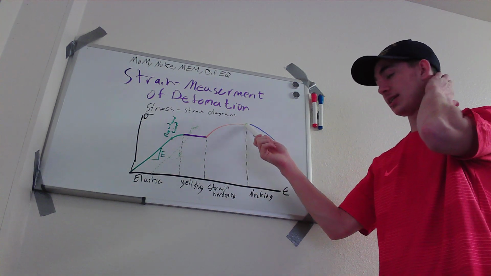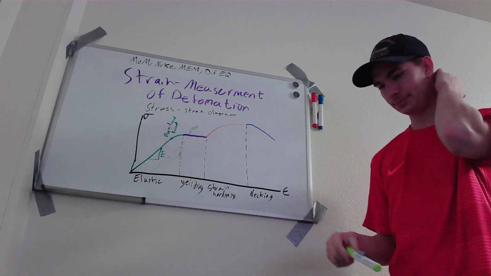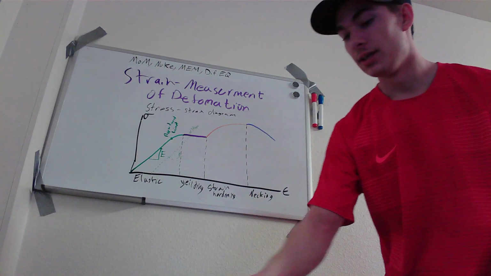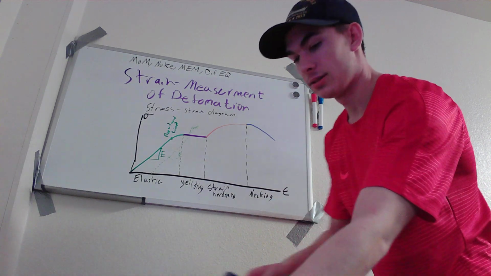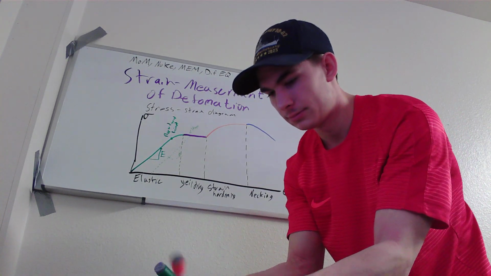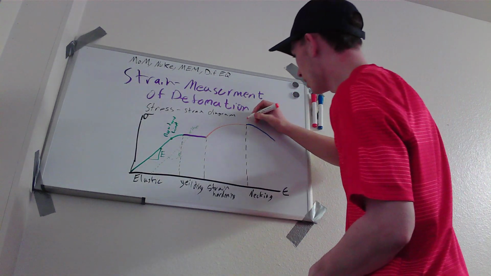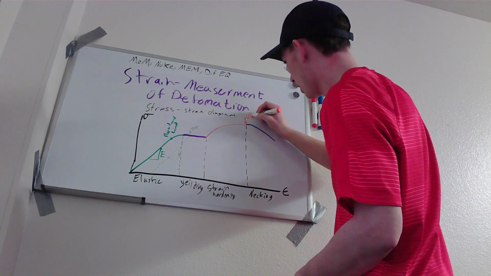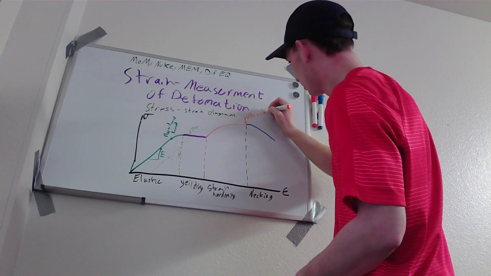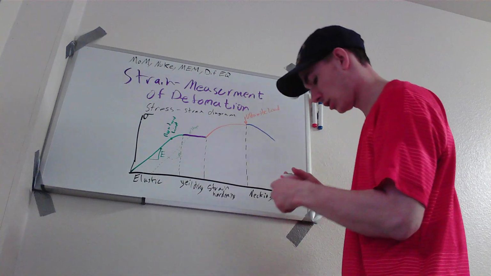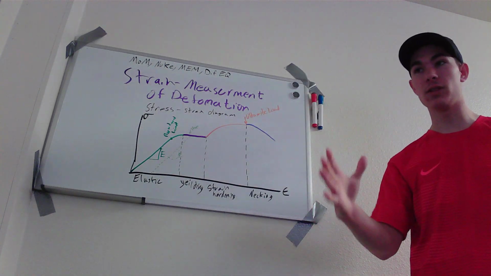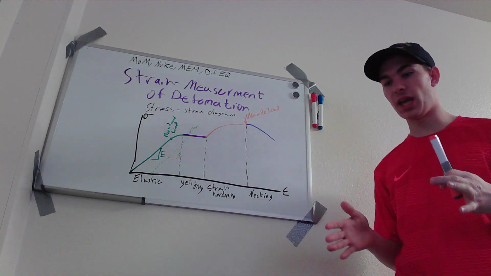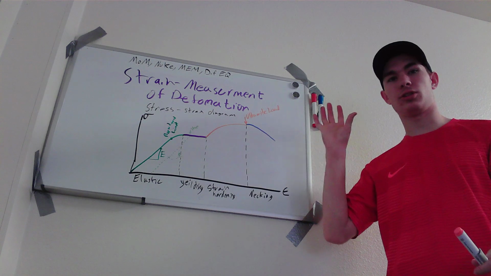And finally, you're going to get to this limit right before necking, and this limit here is called the ultimate load. It's the max amount of load something can sustain before it starts to break.